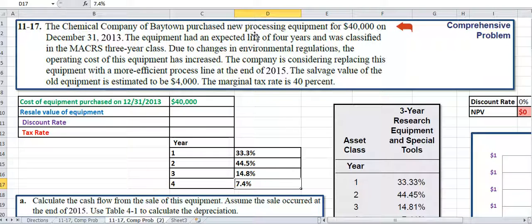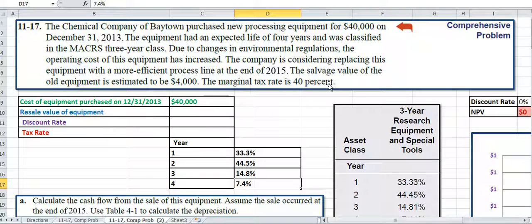The new equipment here is the same equipment as what they're calling old down here. So anyway, the company is considering replacing this equipment with a more efficient process line at the end of 2015. So we're talking about a 2-year time span here.